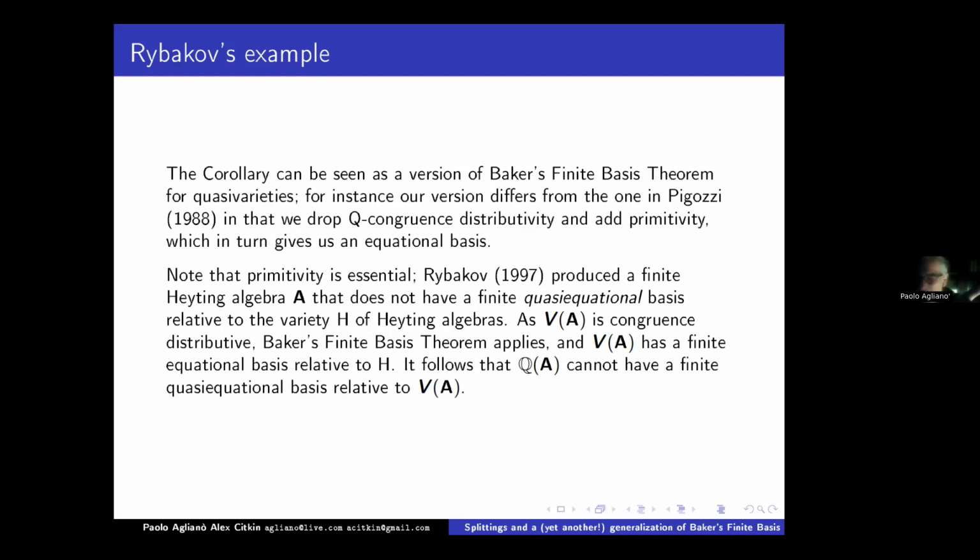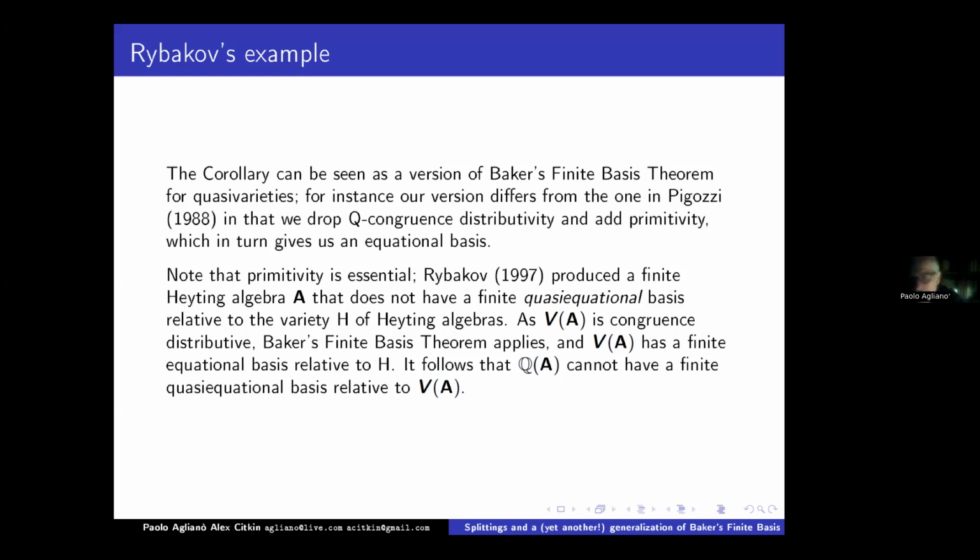And then I believe that also Selakowski and Zobiak proved something close to it. But here we don't need Q-congruence distributivity, but we have primitivity. So somehow, since there are primitive varieties that are neither Q-congruence distributive nor even Q-congruence modular, there are examples, maybe, okay?